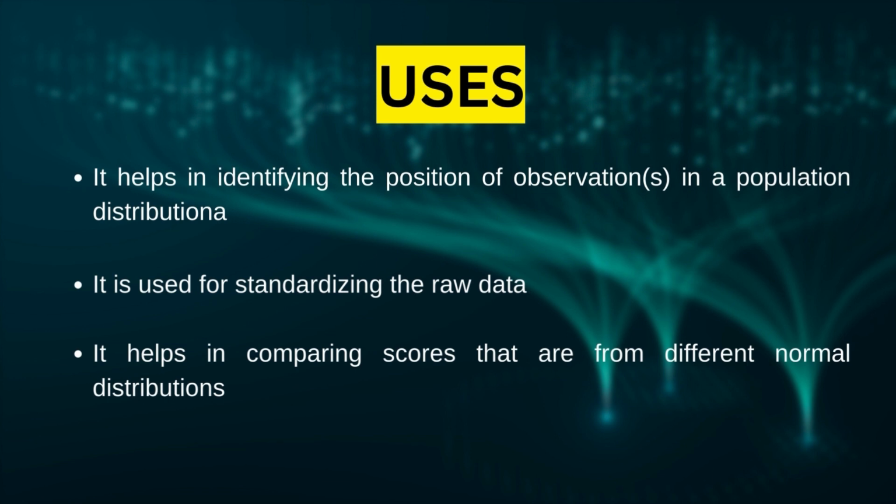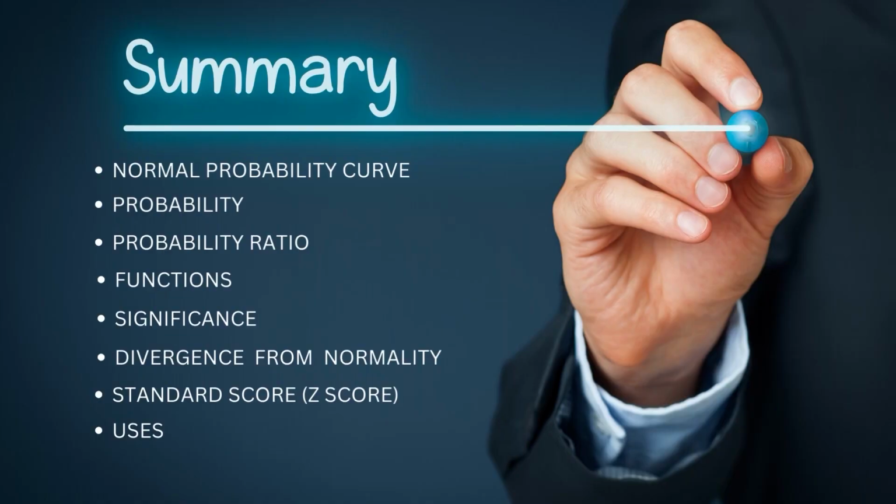It helps in comparing scores that are from different normal distributions. So, this is related to the z-score or the standard score, which is very much used to interpret data in a particular distribution, and it is also used for comparing data.